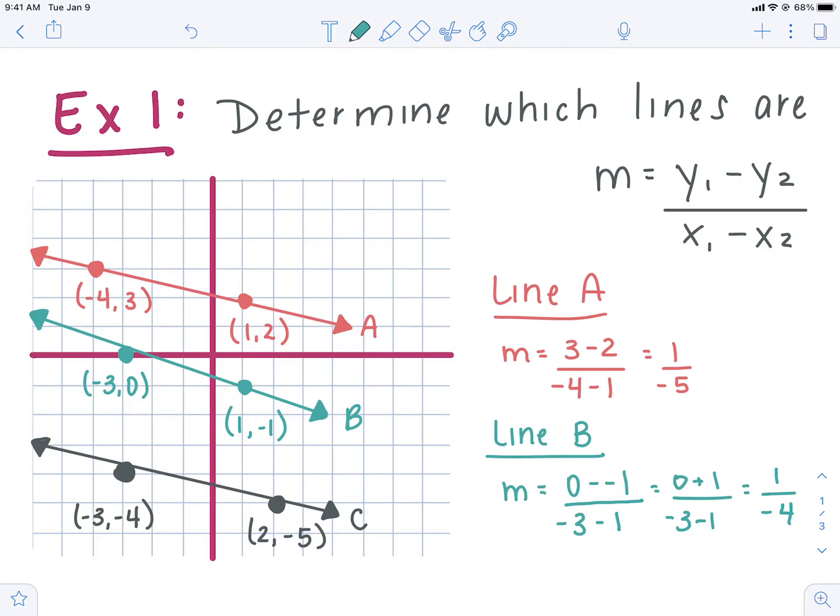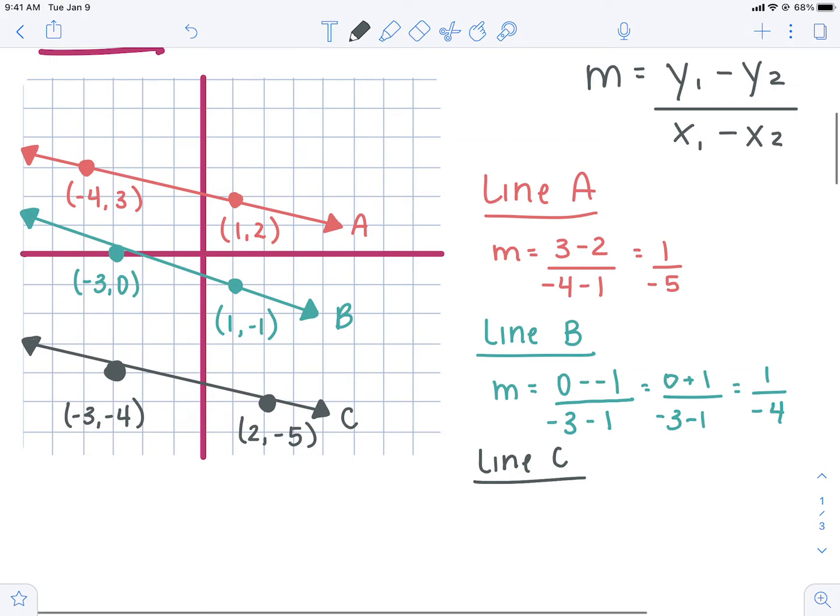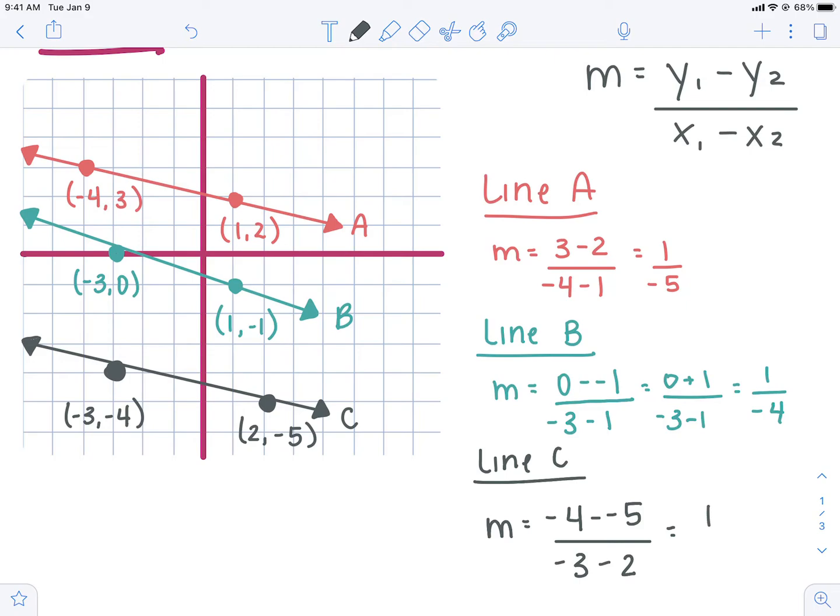So let's just check line C now. And line C, if I'm finding my slope for line C, I'm going to do -4 minus -5 over -3 minus 2. -4 plus 5 gives me 1. -3 minus 2 gives me -5.